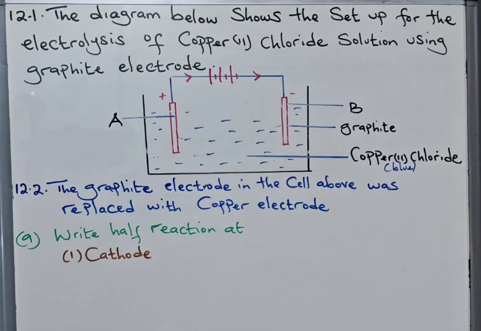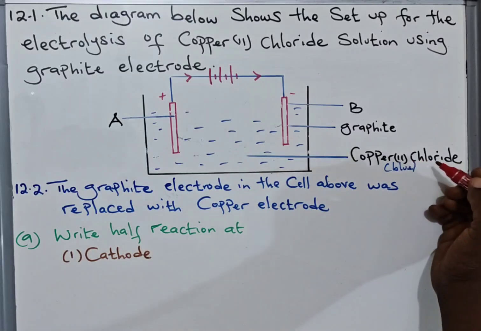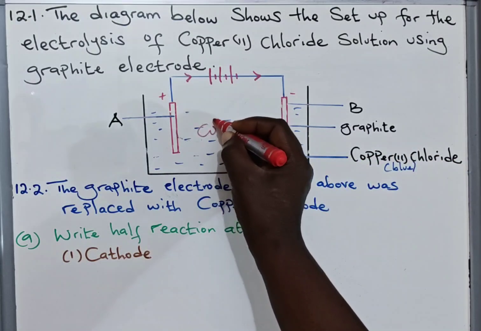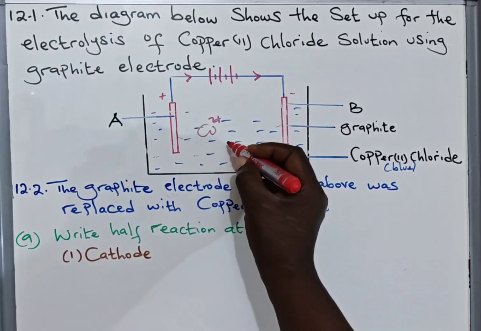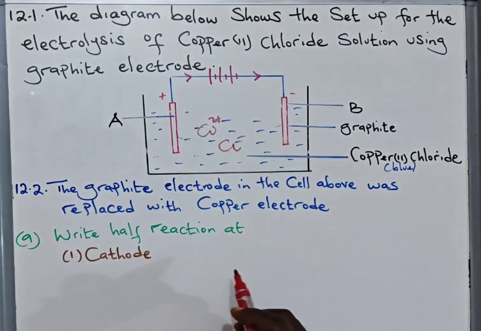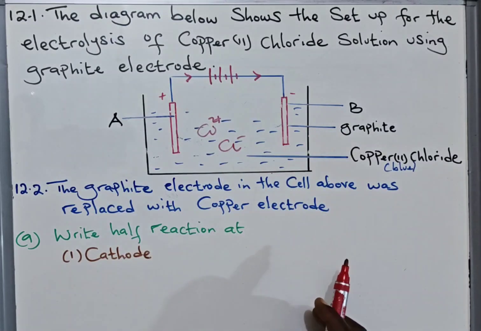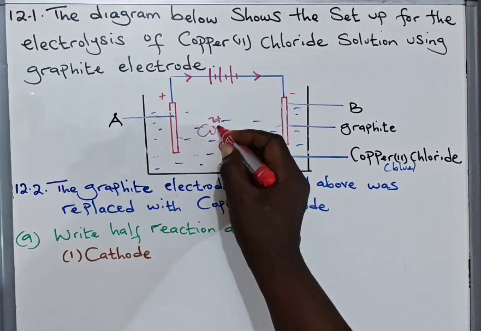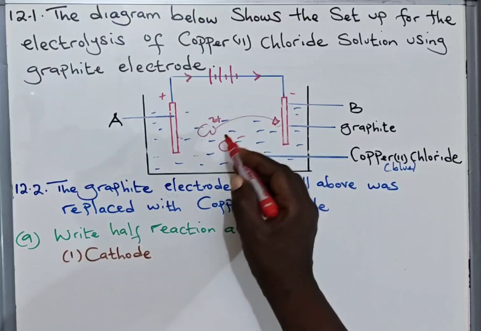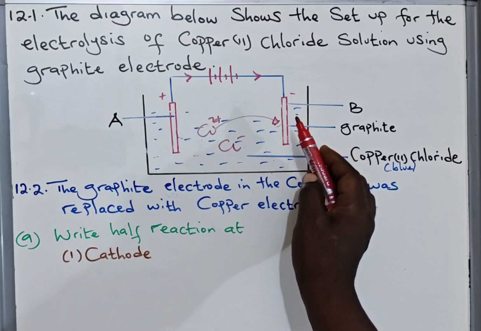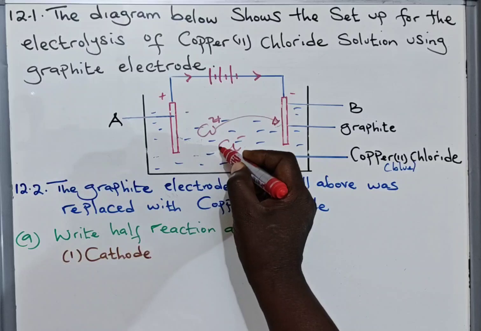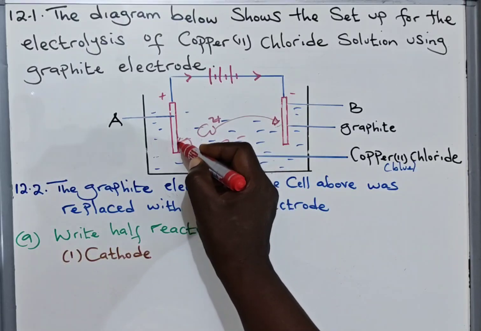So you have to know that what we have here is an electrolyte, copper chloride. So it's copper ions and chloride ions. And according to the mechanism of conduction, positive move to negative. So positive ions move to the negative electrode, and negative ions move to the positive electrode.